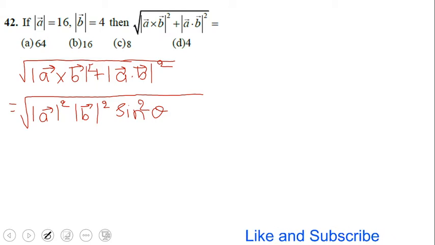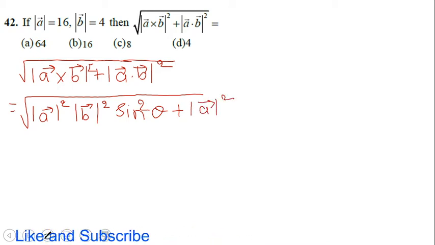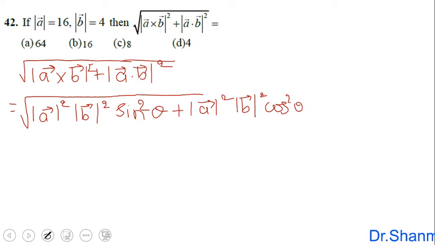So sine square theta. Now for the dot product, we have to take the square. We know the dot product gives magnitude of vector A square, magnitude of vector B square, and cos square theta. Further we will simplify it.